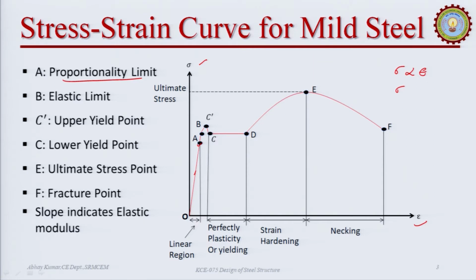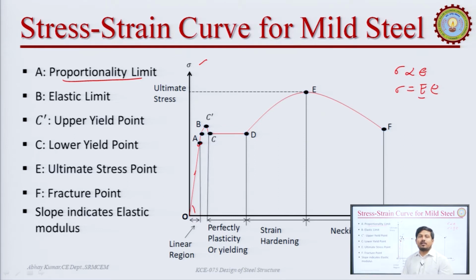Now, if we remove this proportionality sign, then a constant comes in, and that constant is termed the elastic modulus. This constant indicates the slope of this line. For most steels, this slope or elastic modulus is very much constant. Now, let us see further.